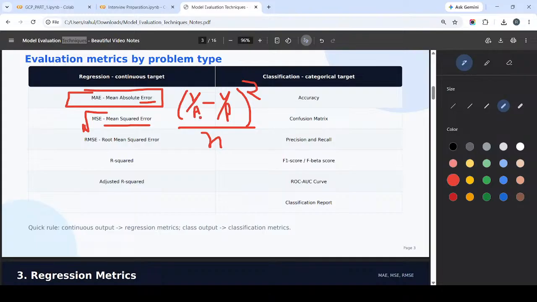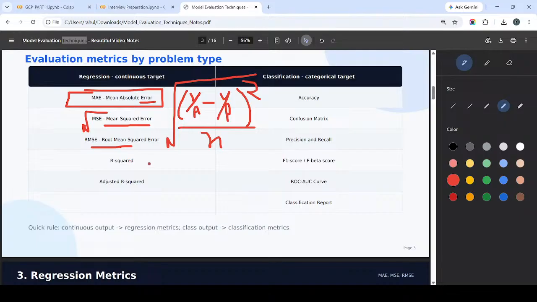Both y actual and y predicted are prices, and if we take the square of their difference, it becomes price square, like rupees square. Rupees square does not make any sense. That's why we take the square root, so it makes sense. That's why we use RMSE, and it is generally the most used technique for regression problems.